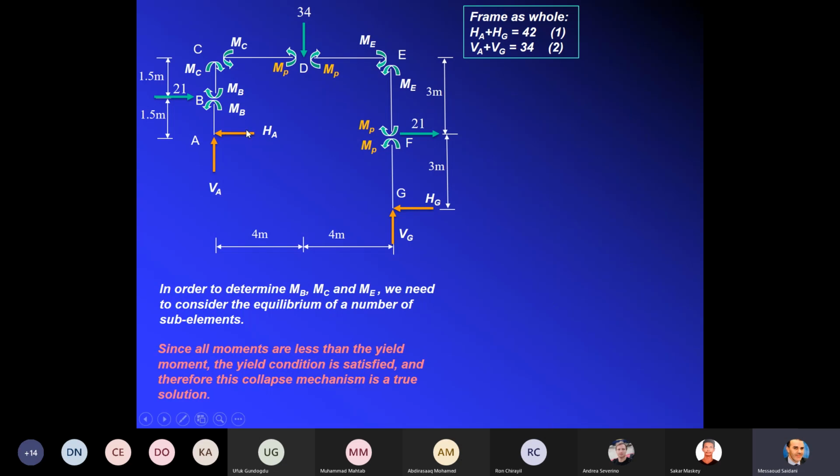So we have HA plus HG, which is the horizontal equilibrium, equal to 21 plus 21, 42. Then the vertical equilibrium: VA plus VG is equal to 34. So this is the first step, and now we have a relationship between the horizontal and vertical reactions.